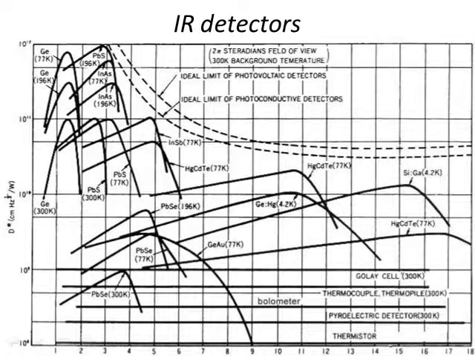Interestingly enough, you see this mercury cadmium telluride at 77K for the photoconductive types in the 10 micron range, which is room temperature, has about the best performance. There are these thermocouples and bolometers, and these things are very, very simple, but they don't have the same sensitivity as something like HgCdTe, which is mercury cadmium telluride. So the dotted lines on the top are the ideals between the two types of detectors, the photovoltaic or the photoconductive.